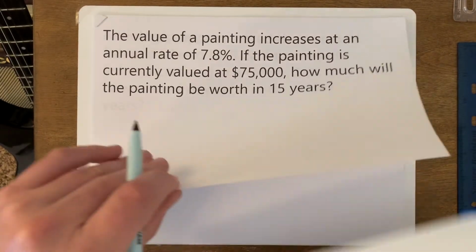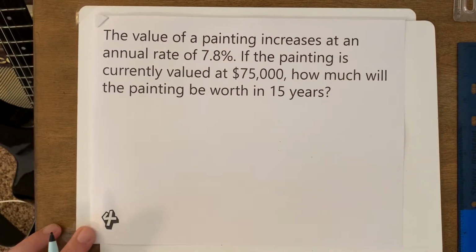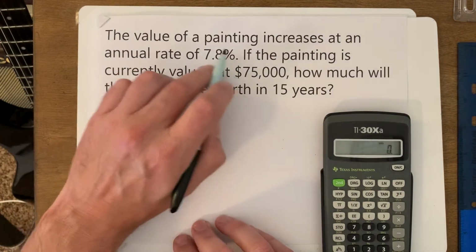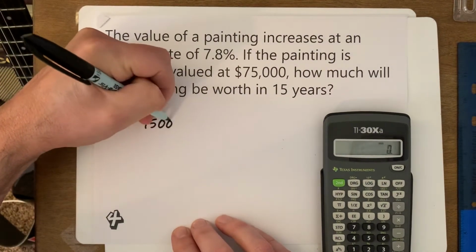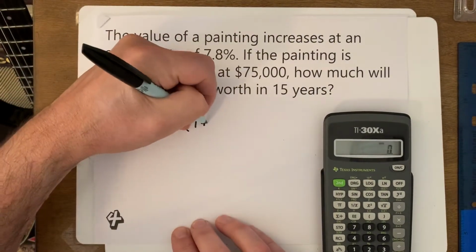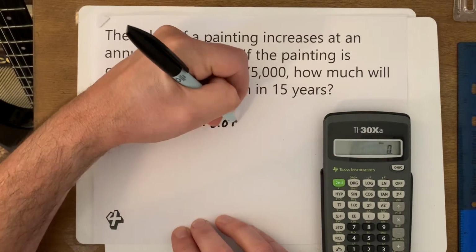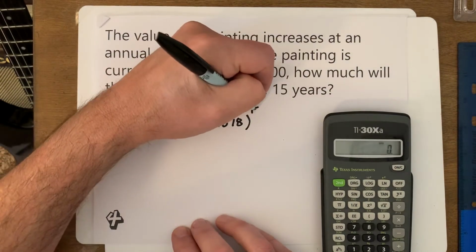Okay, this one says the value of a painting increases at an annual rate of 7.8%. If the painting is currently valued at $75,000, how much will the painting be worth in 15 years? This is going to be quite a bit because that's a pretty big percentage. So 75,000 times 1, okay, increases plus growth, 0.078. That's 7.8% to the 15th power.